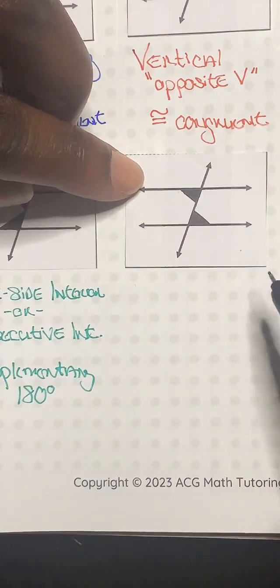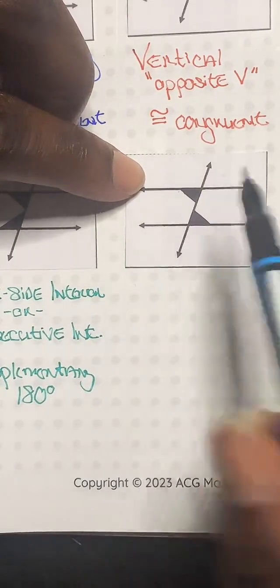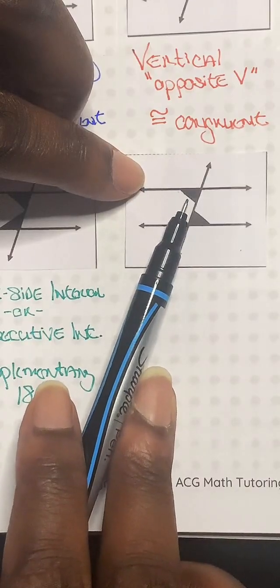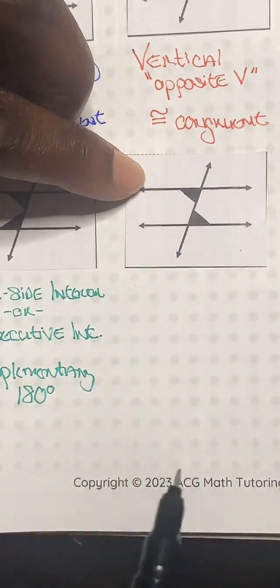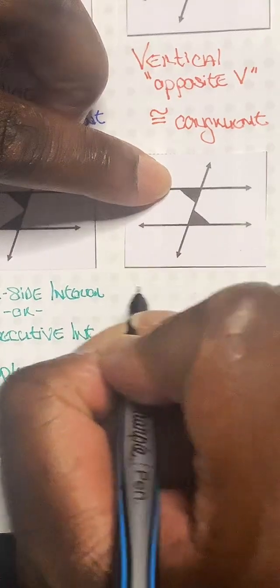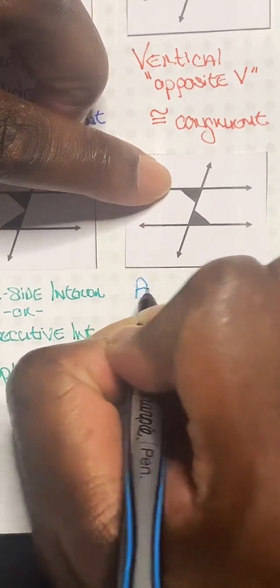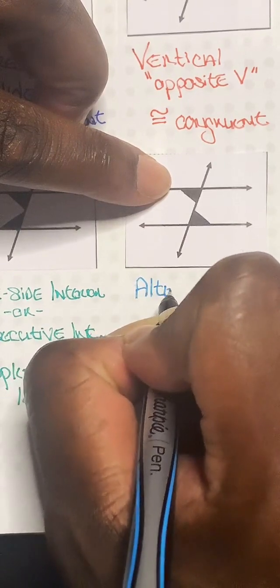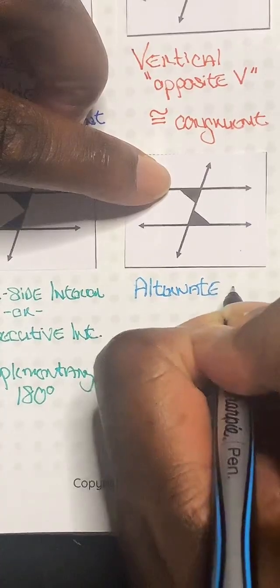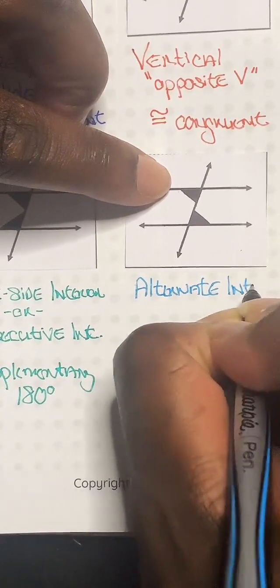But one is on one side of the transversal and one is on the other side. Instead of saying opposite, we say alternate. So this is the alternate interior angle.